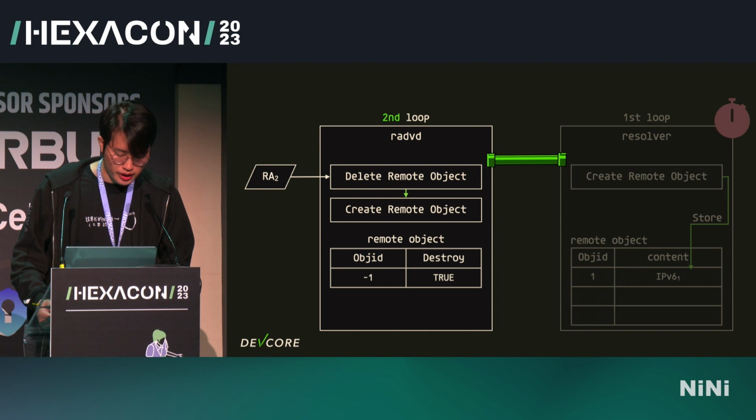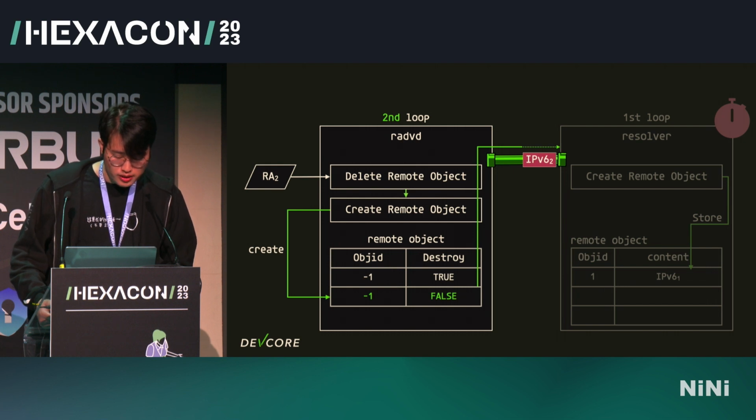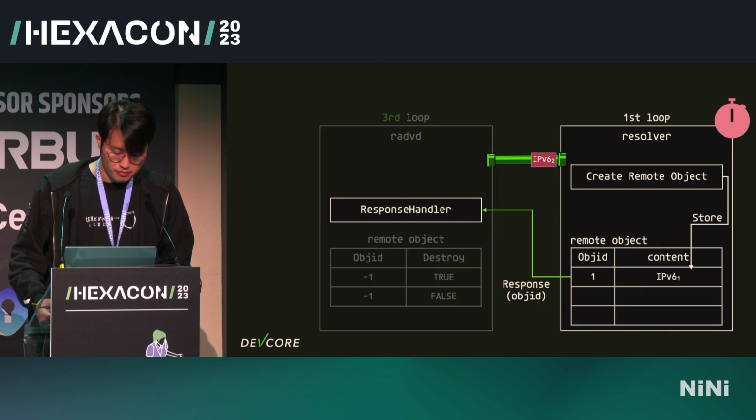Then it keeps going to create the DNS remote object for the RDNSS in the second RA. Then we send a request to the resolver, but as I said, we send the second RA too quickly. The resolver is still in the first loop, which tries to send the object ID it created in the first loop. So our request will stay in the socket.